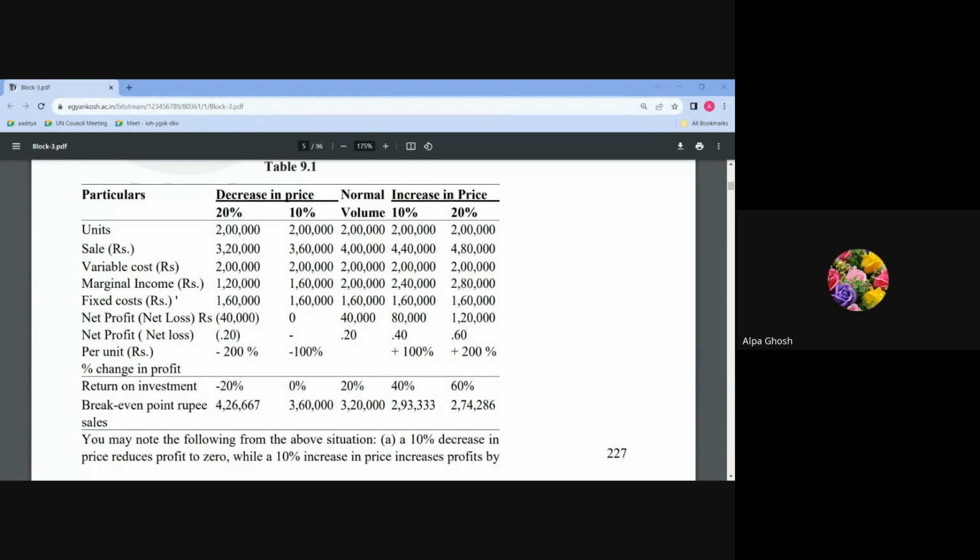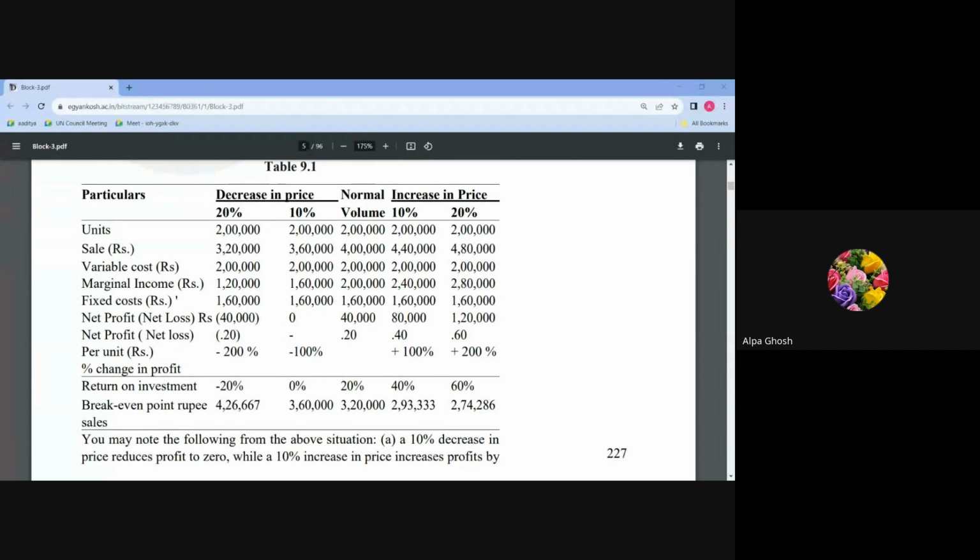So now sales minus variable cost is marginal cost. If you remember the flow chart, sales minus variable cost is your marginal income. So 3,20,000 minus 2 lakh, you can see this, 1,20,000.